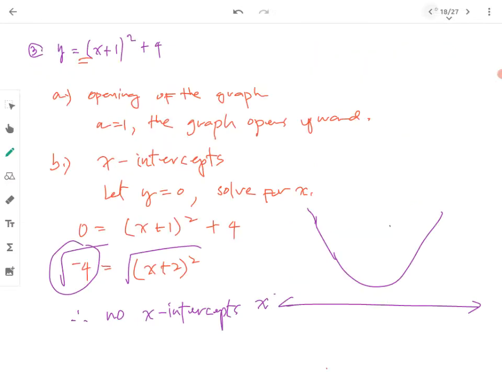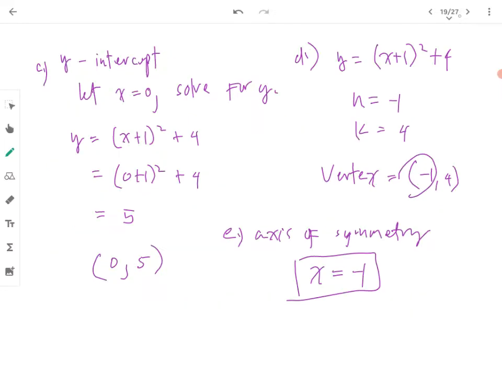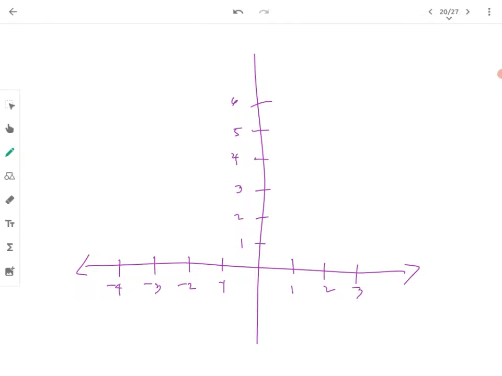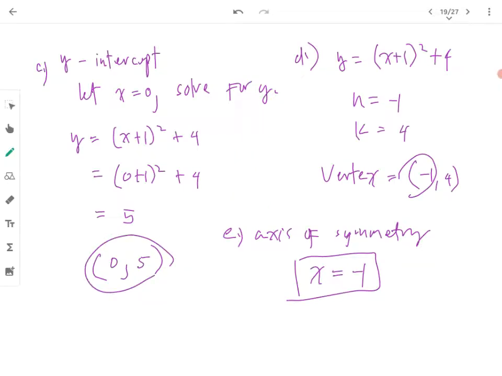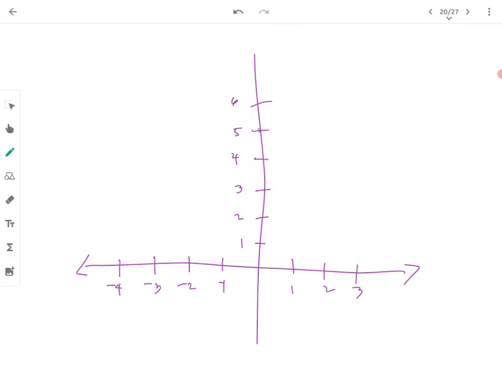So let's try. What's the first information? We know that the graph opens upward, but it does not cross the x-axis. But it does cross 0, 5. So there's 0, 5 here. Let's use another color. It does cross there.